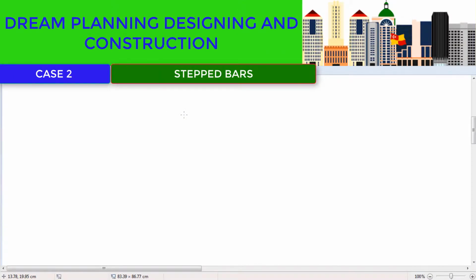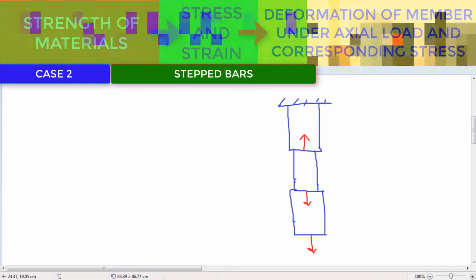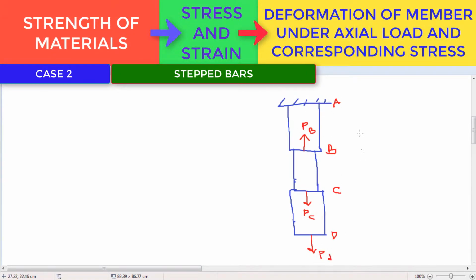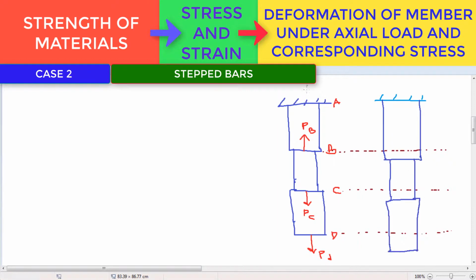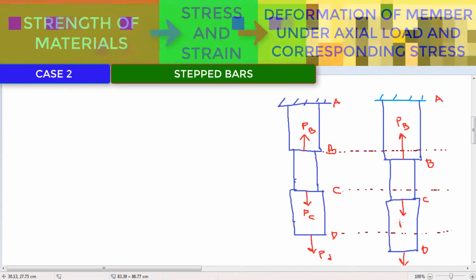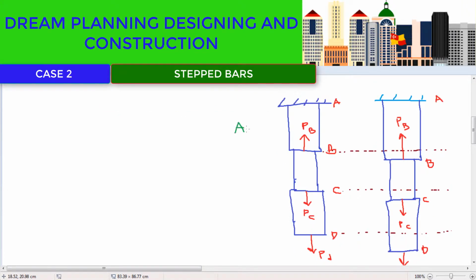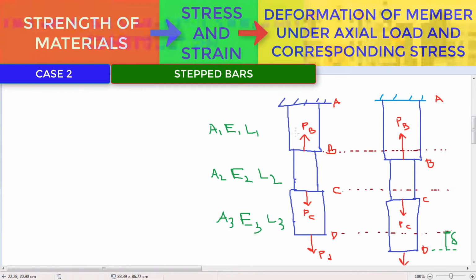So for case 2 the diagram is like this. Here from this diagram we see that in this total body there are three parts, that is AB, BC and CD.